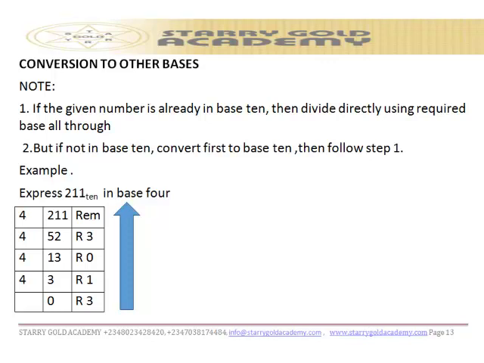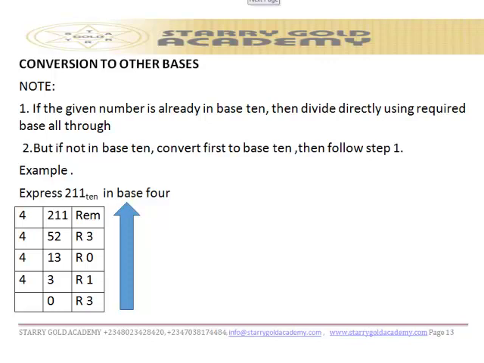This solution is only for converting to other bases. If the number you are given is not in base 10, the first thing you do is convert it to base 10. Then you can divide all through.